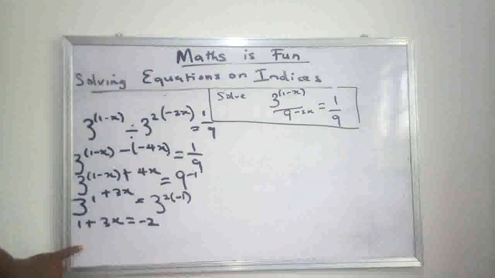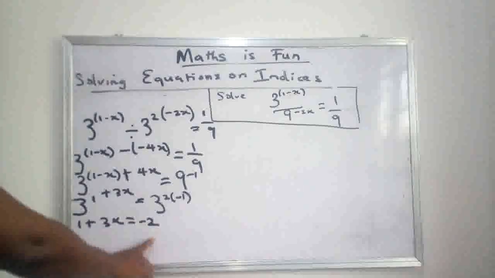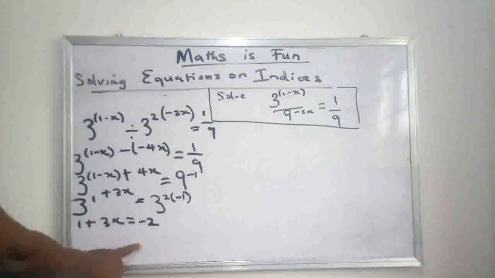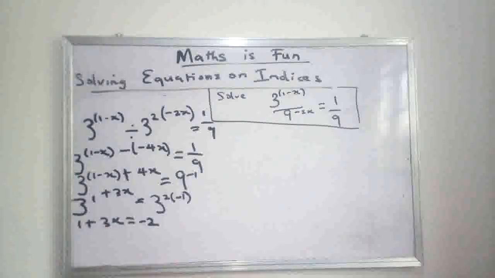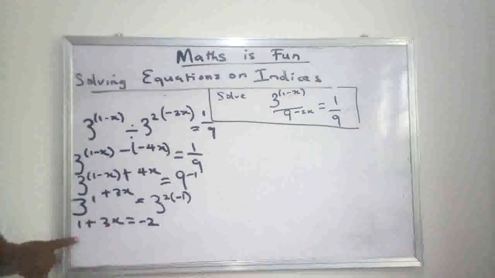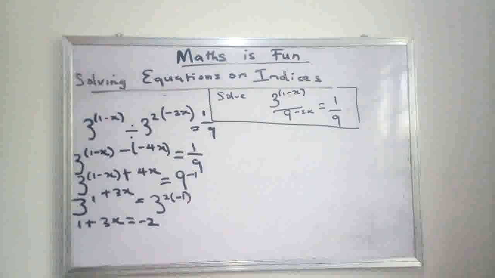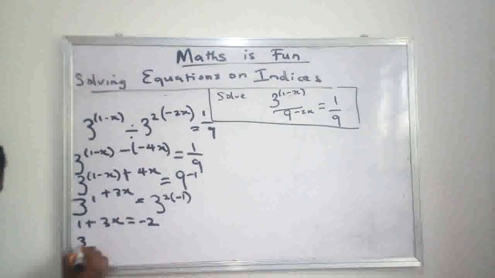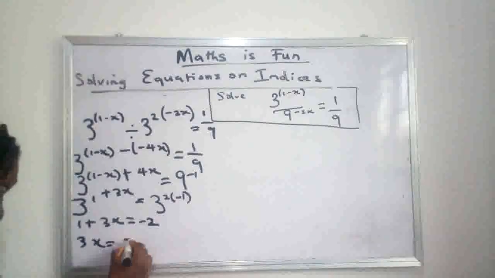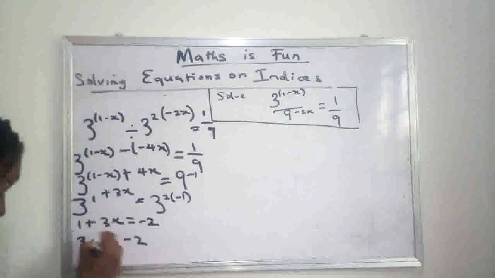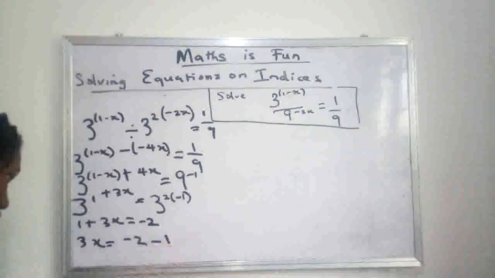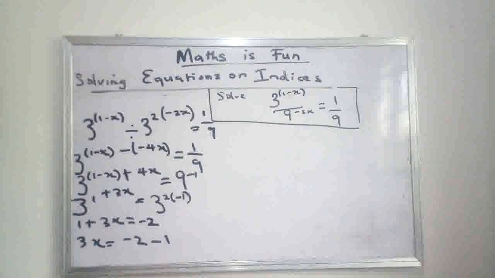So if this 1 crosses the equal to sign to this part, it becomes minus 1, because here it is plus 1. So we are left with 3x is equal to minus 2, and this minus 1 is crossing, so it becomes minus 2 minus 1. Alright, so our 3x here is equal to minus 3.